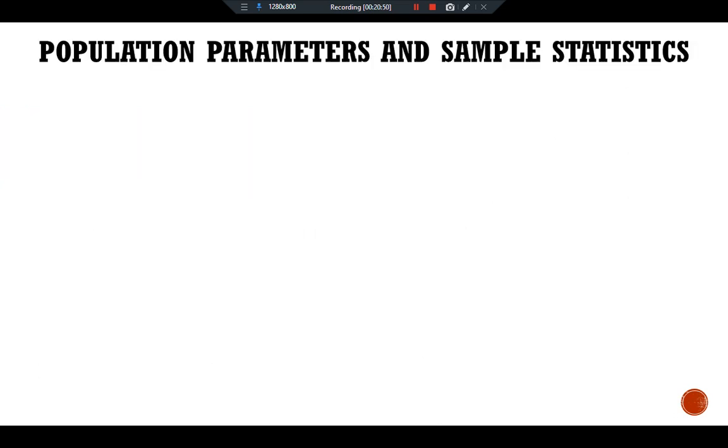Okay, let's discuss the population parameter and sample statistic, which we have gone through in our previous sessions, but here we are only giving the interpretation as I have highlighted a few seconds ago.